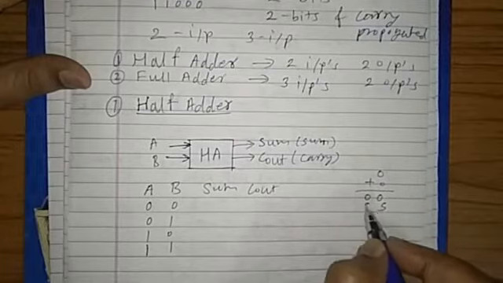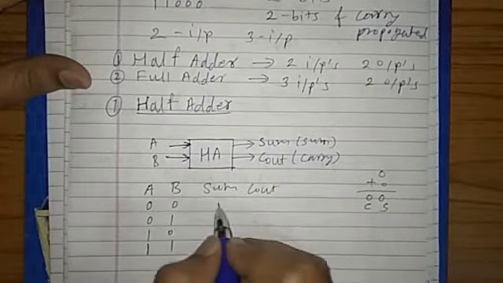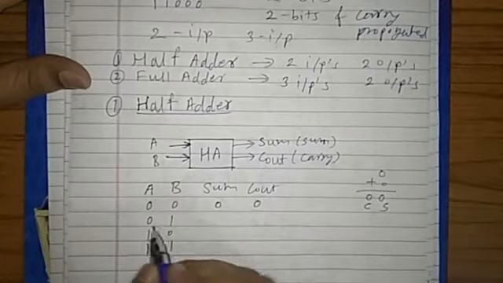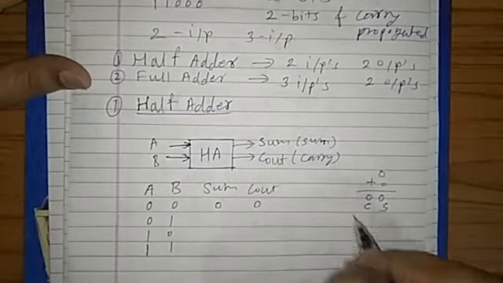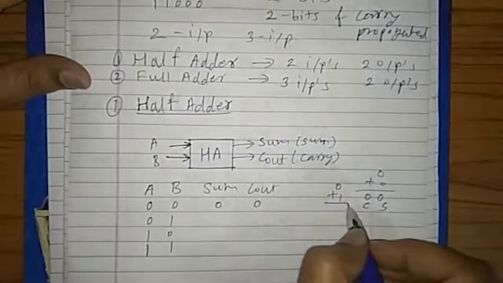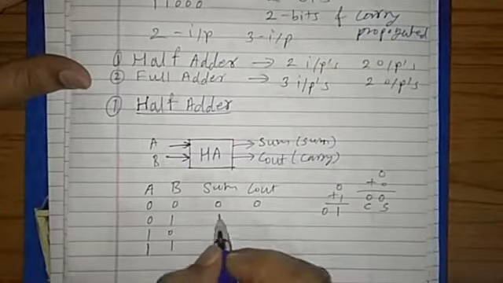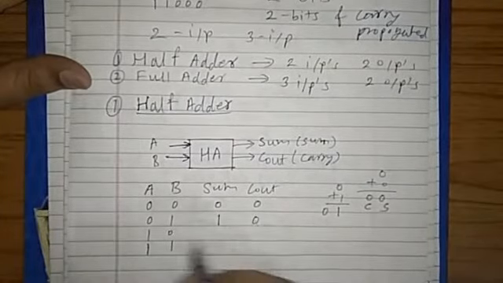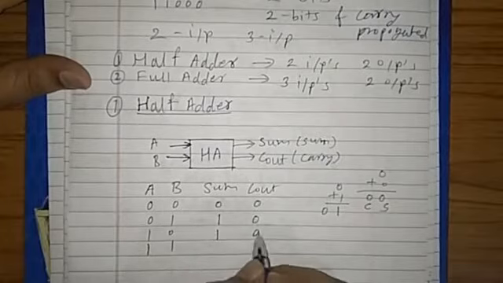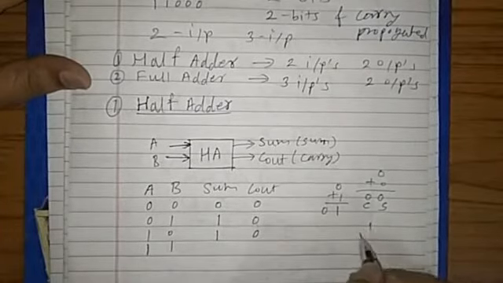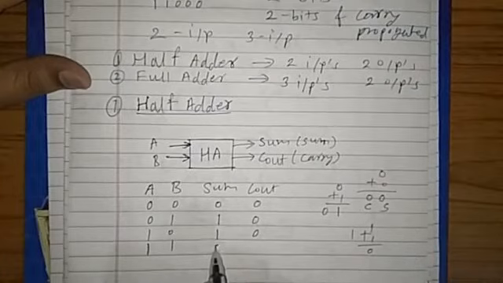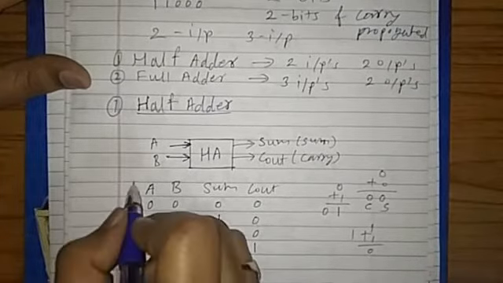This I say sum, this I say carry. Therefore 0 sum, carry 0. 0 plus 1. Sum is 1 and carry 0. Similarly, 1 plus 0, sum is 1, carry 0. 1 plus 1, sum is 0, carry 1. Okay, therefore, sum is 0 and carry 1.